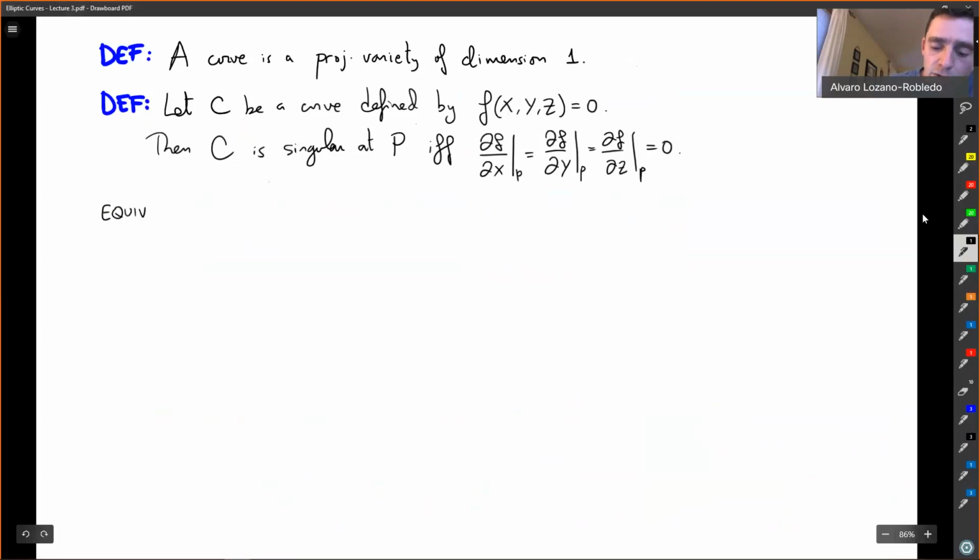equivalently, completely algebraically, and in fact, it's one of the problems that I suggest in the first homework problem.